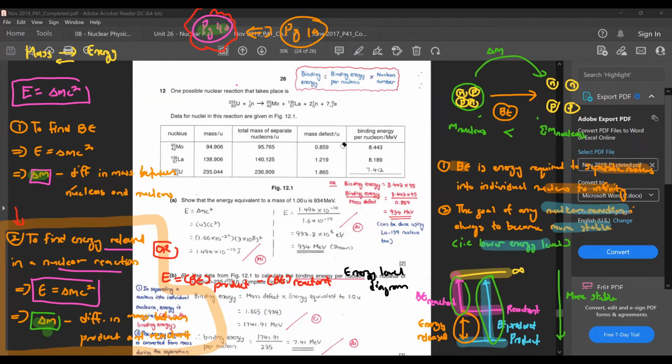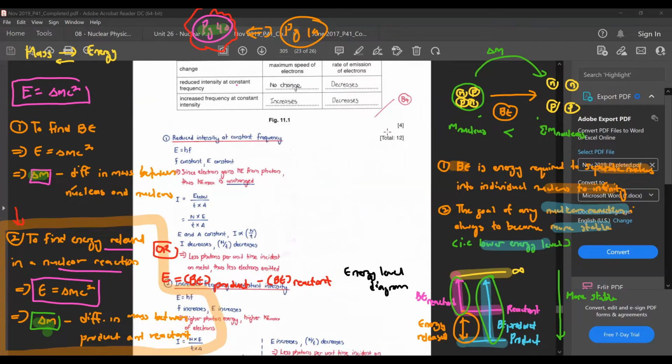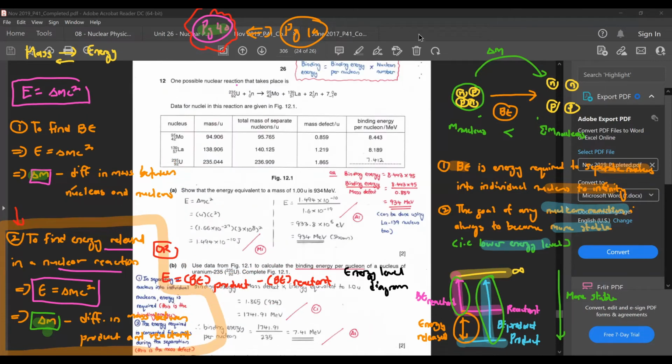Remember I told you that BE per nucleon is your BE over nucleon number. Just now I wrote it here: BE per nucleon is BE over nucleon number.